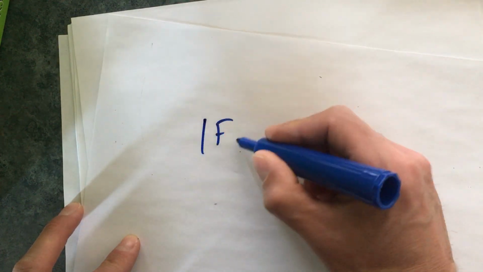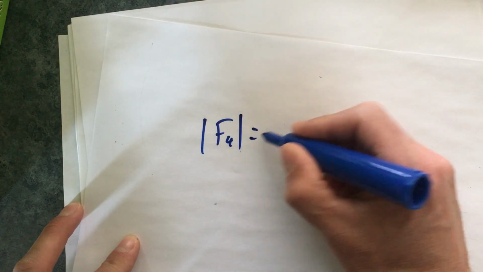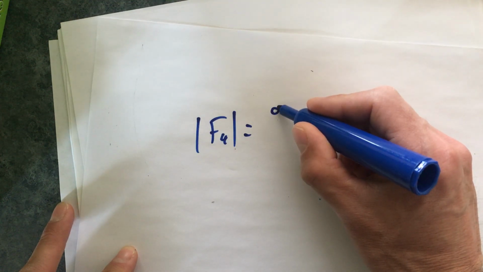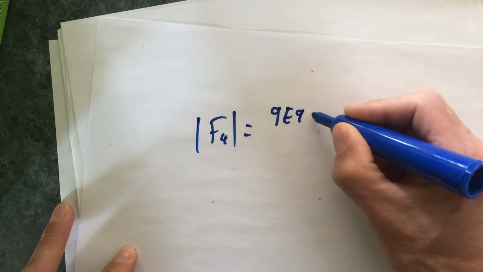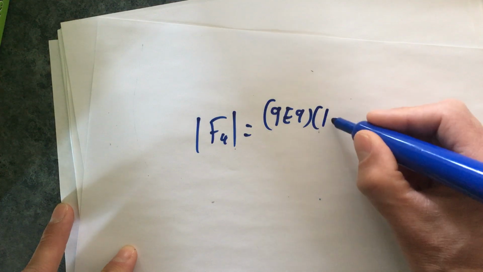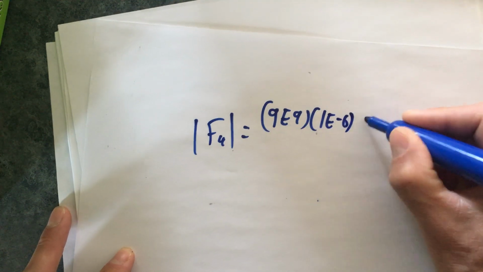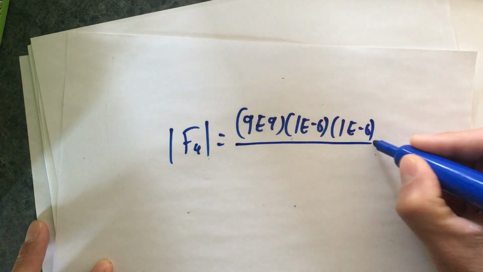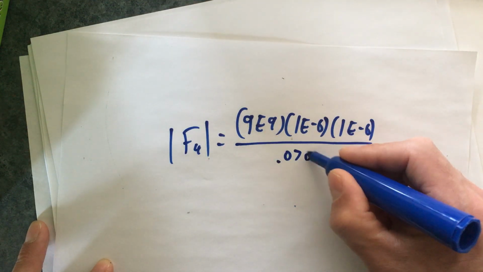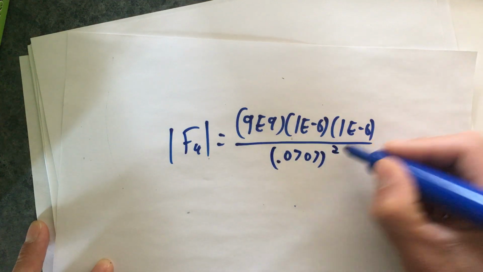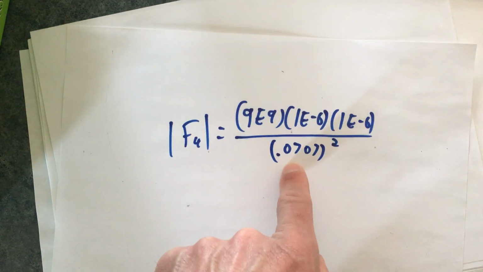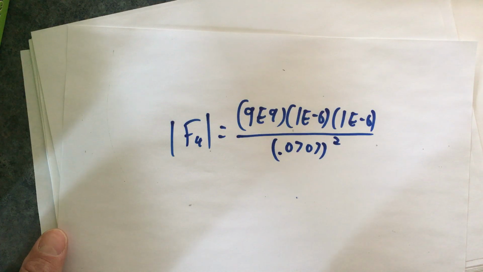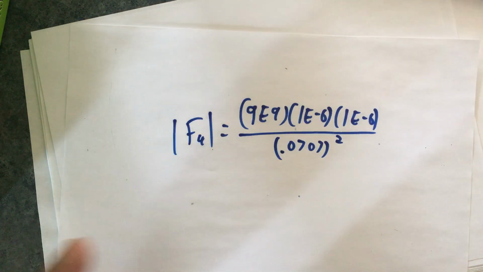The magnitude of F4 is 9e9, that's K, 9 times 10 to the 9, times Q1, times Q2, over r squared, and r is 0.0707 squared. Remember, convert that to meters. Everything must be in coulombs, meters, for the force to come out in newtons.